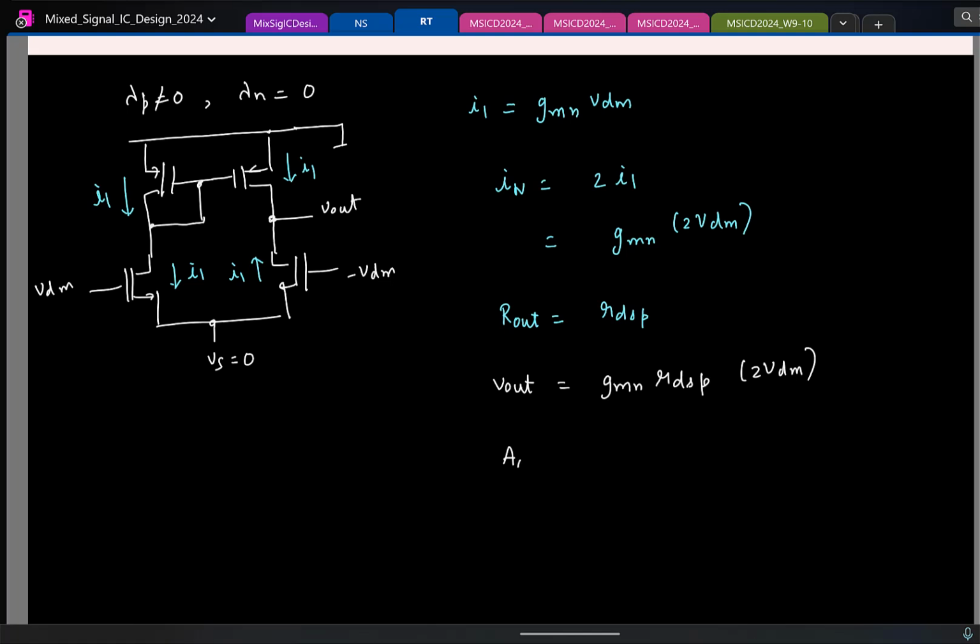So what is the differential mode gain now? I mean, what is the gain for differential mode signals? GMN times? Fine. 2 VDM is the differential mode input you have applied, whatever, output input.